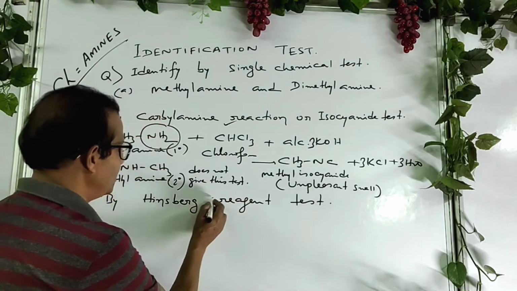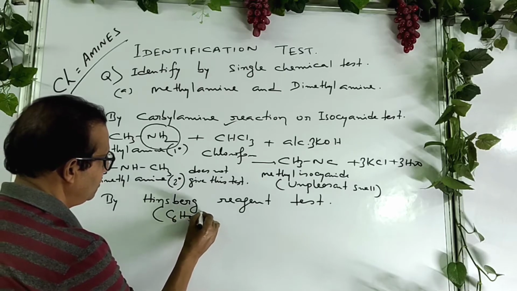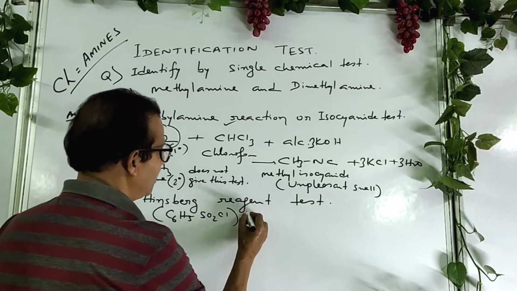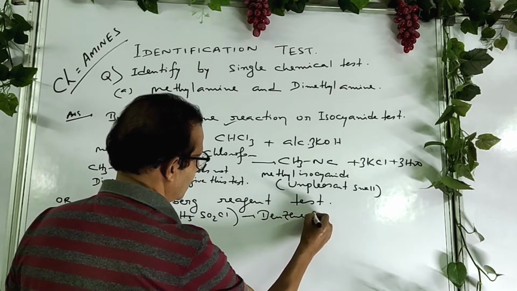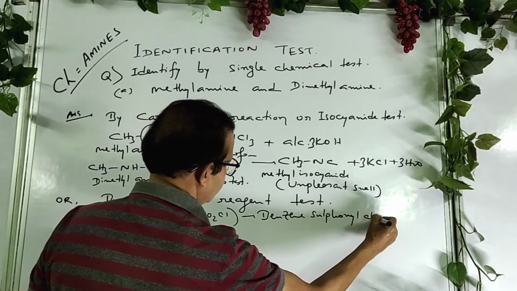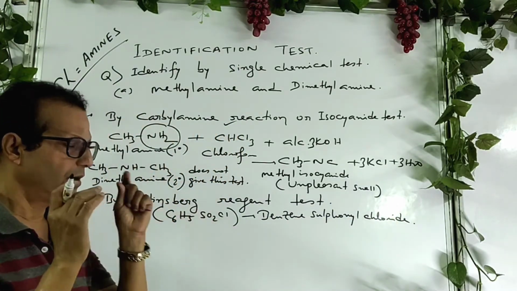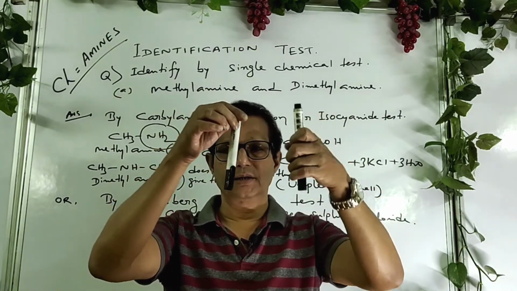Hinsberg reagent is benzene sulfonyl chloride, C6H5SO2Cl. So listen, there are two beakers.